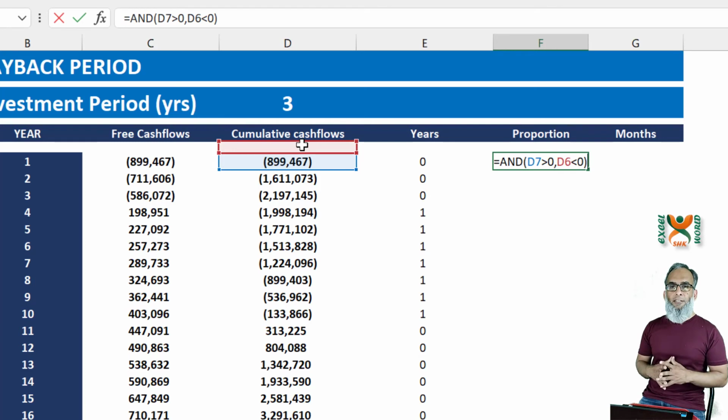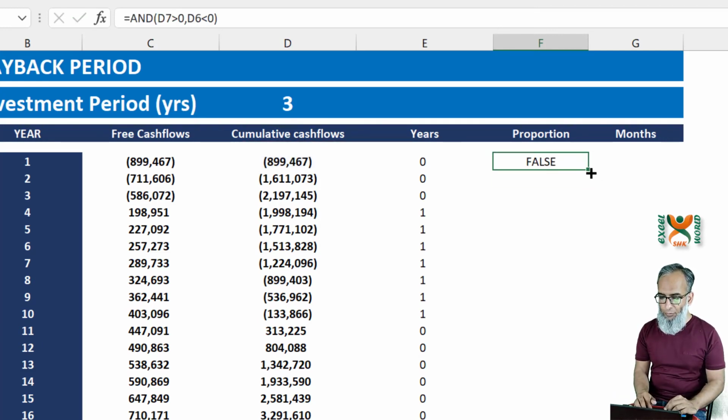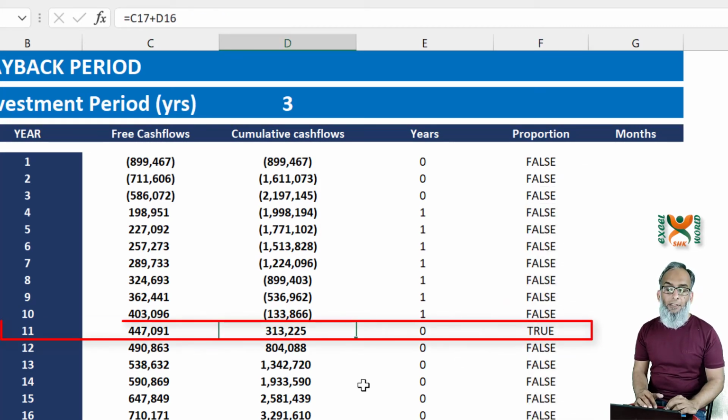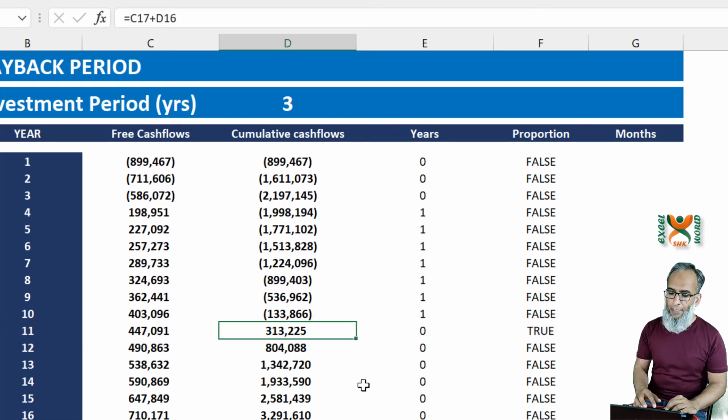So if this logic is true, then that is the year which has a proportion of your payback period. And enter, if we copy it to the rest of the cells, we can see that this 11th year is the one which has a proportion of our payback period, and we have to calculate that.